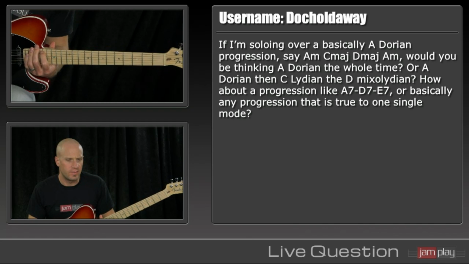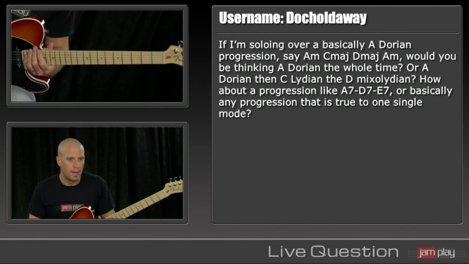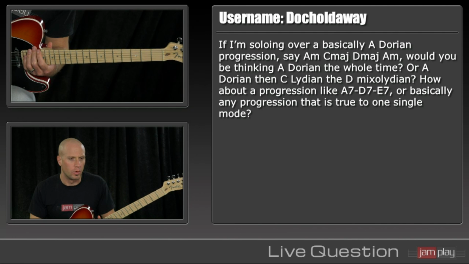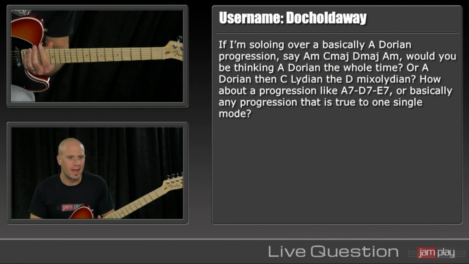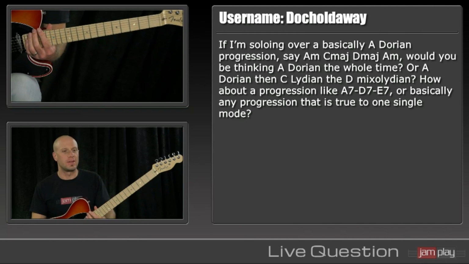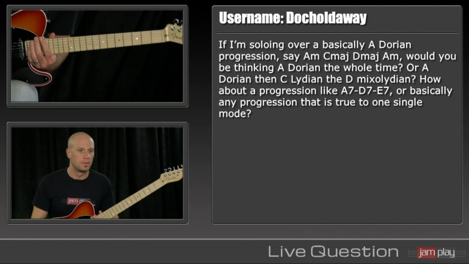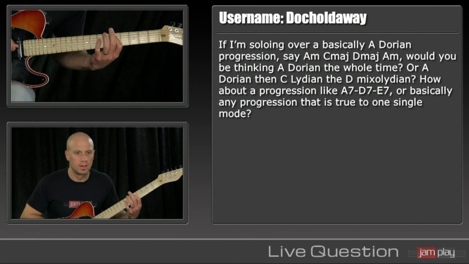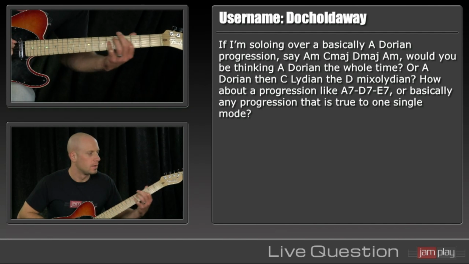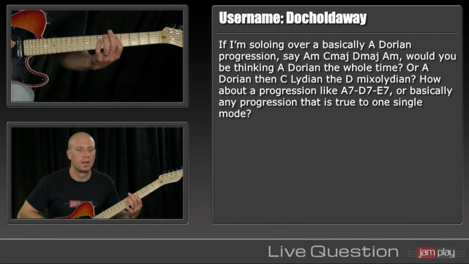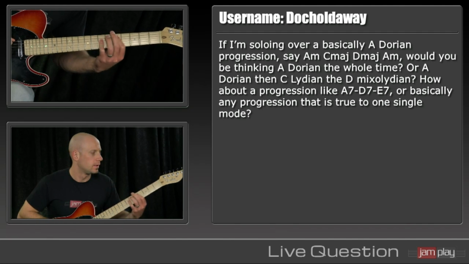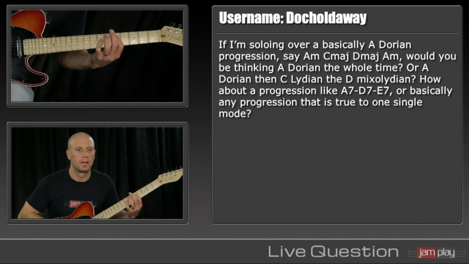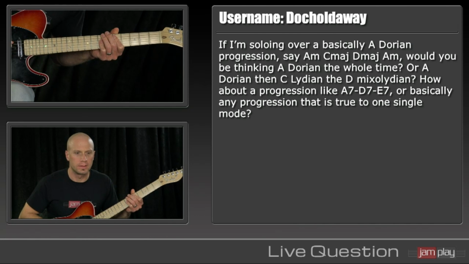If it's dominant 7, then it would be Dorian for sure. Or even just D major. Oh, I'm sorry. You have D major. I was looking at the D major 7. I'm clearly not reading correctly. So yeah, A minor, C major. That is absolutely Dorian the whole time.